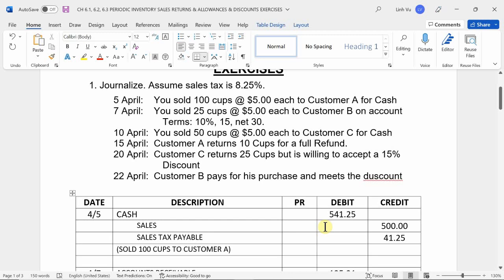So then April 10 rolls around and you sold 50 cups at $5 each to customer C for cash.